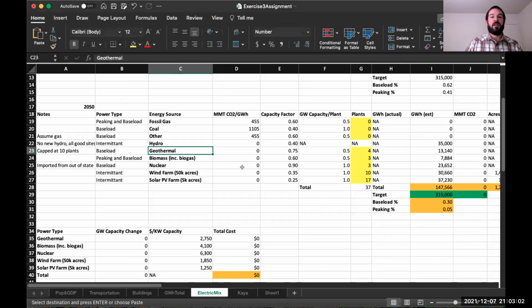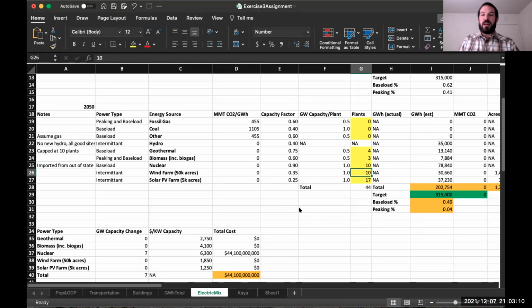Because again, you build 10 nuclear plants and you get the same amount of energy as you get from 78,000... How many solar farms do you need for that? Let me guess. Something like 40. Okay, yeah, you need like 35. Okay.